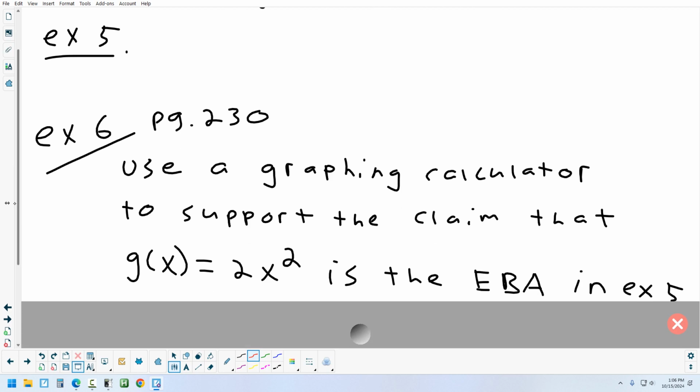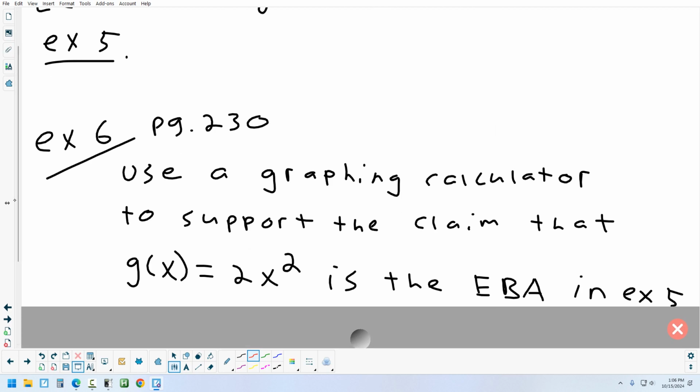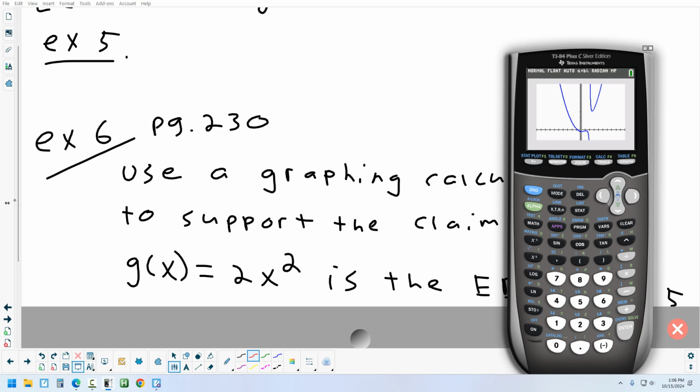So we found the EBA to be 2x squared. Type in on Y2, 2x squared. If that is correct, then the graph in blue and the graph in red should be getting closer to each other. Let's see what happens.